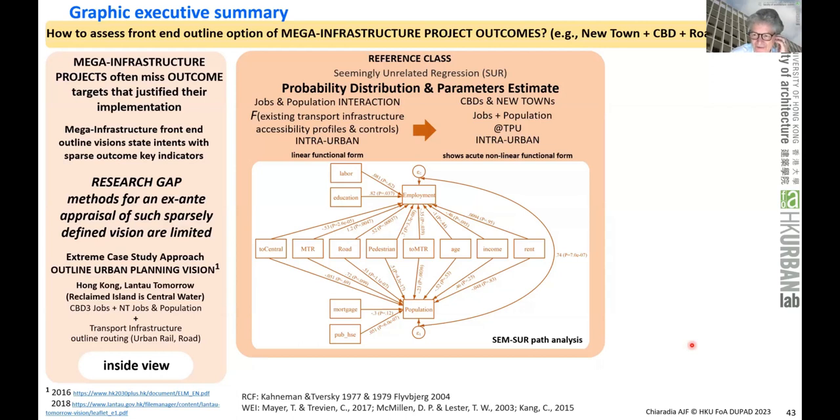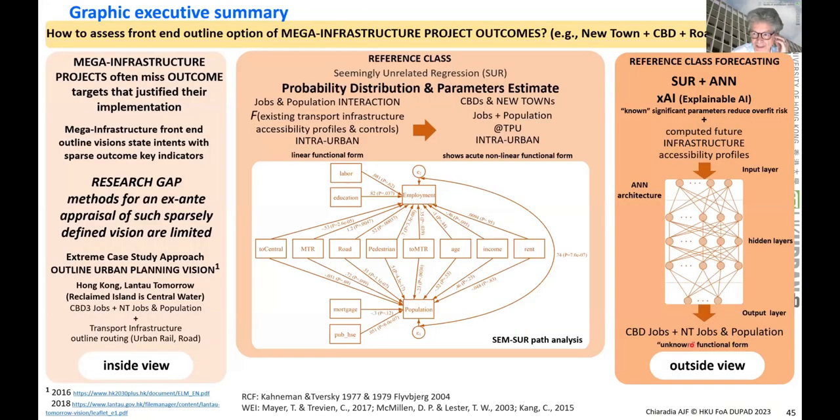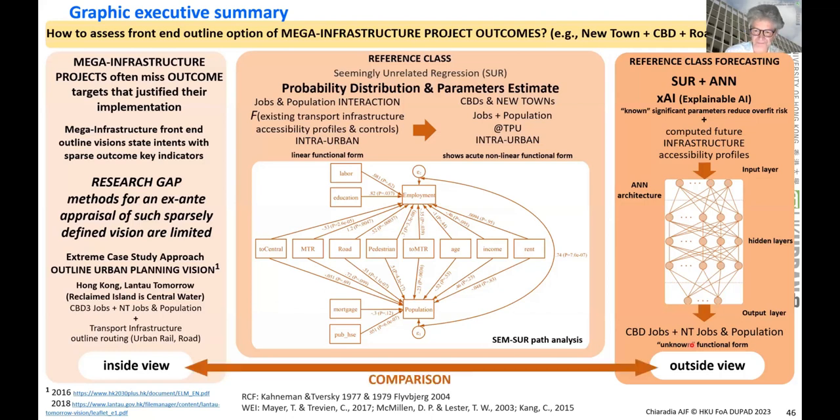So the idea was to test a scenario: can we use a neural network to really understand and predict what would happen? That's the third part of the project, and then we can compare.